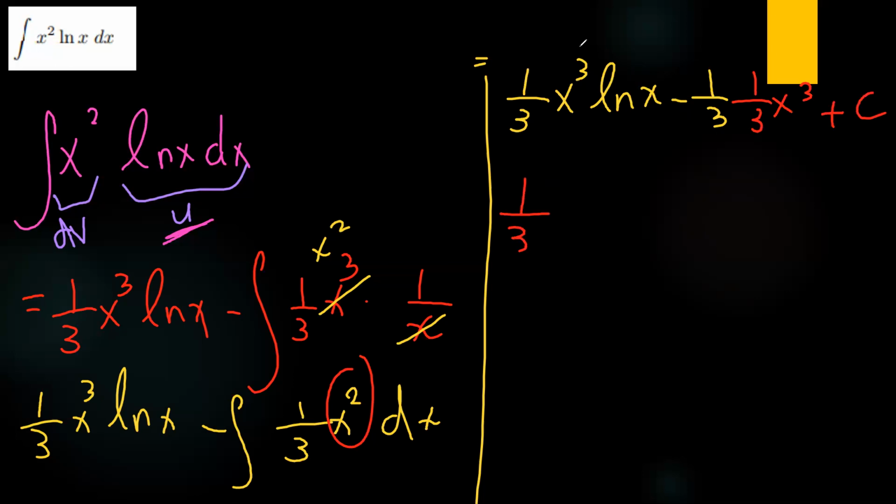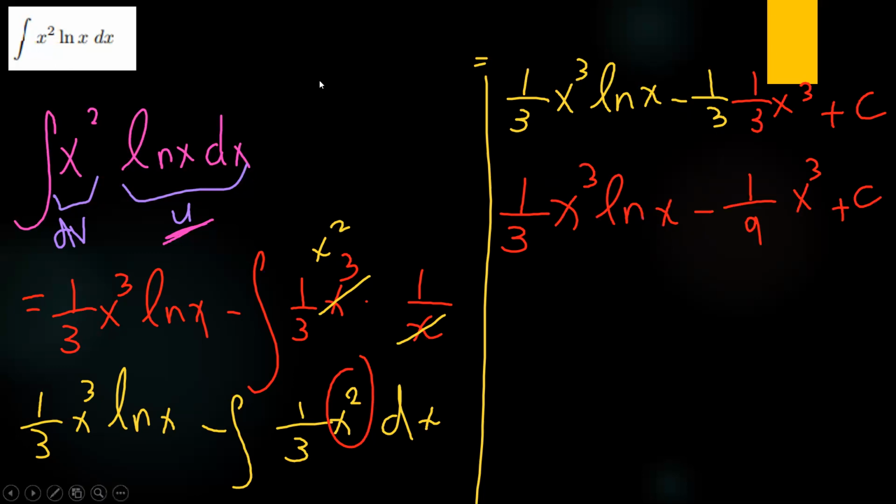So 1 over 3 x cubed ln x minus 1 over 9 x cubed plus c. This is now the final answer. Is it clear? Yes, teacher.